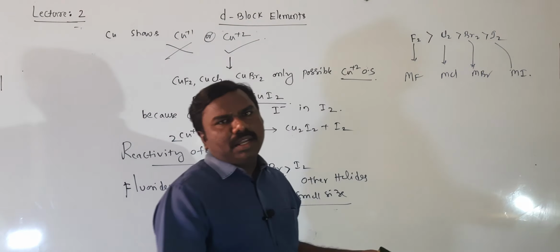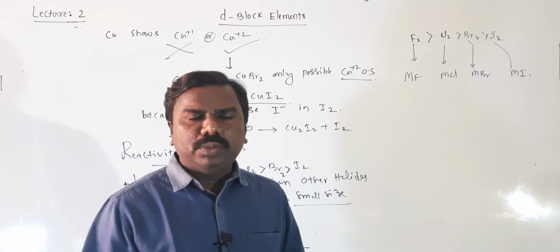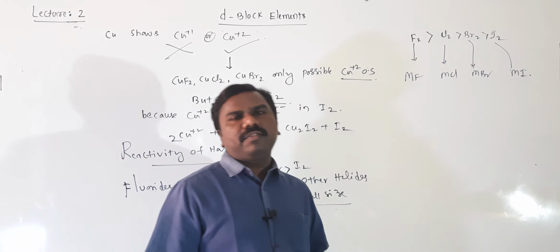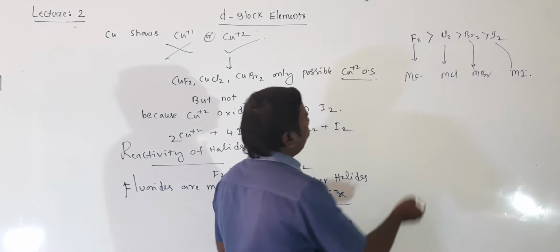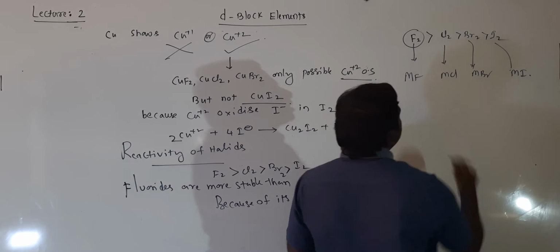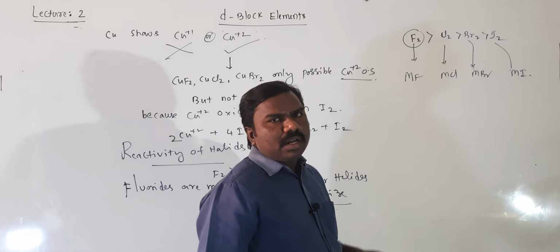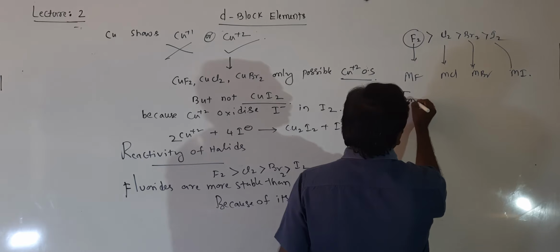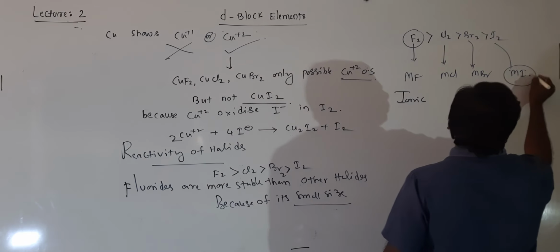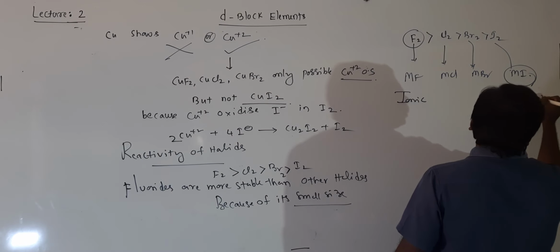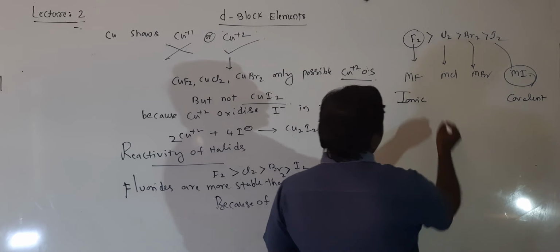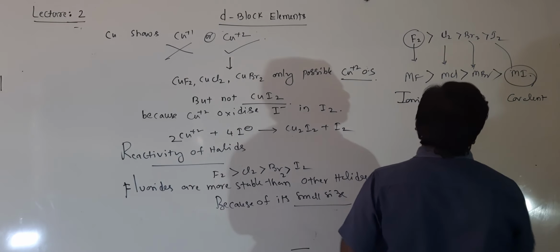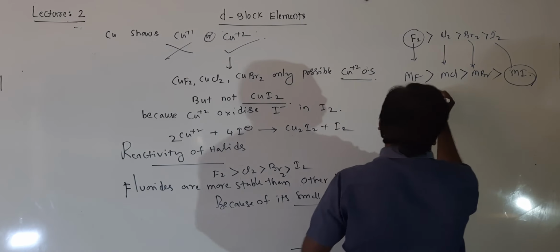So that may be MnCl2, MnBr3, FeCl3, FeBr2, whatever it is. Fluorine is most electronegative and metal is more electropositive. Obviously, it is ionic. Iodine will be covalent. You just observe, fluorides are more ionic than chlorides and bromides. It is ionic nature.